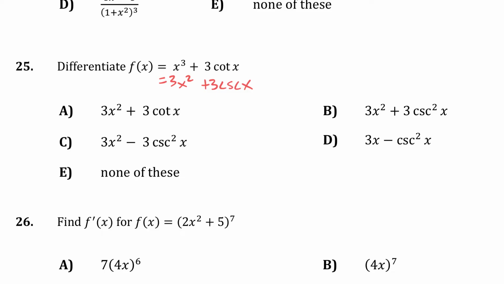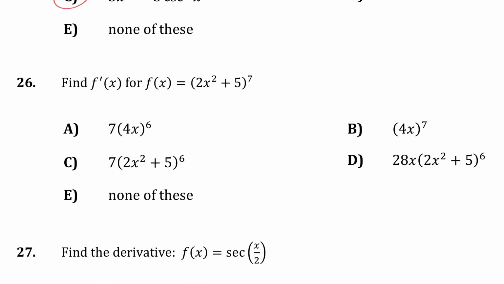Isn't that right? Oh, classic trap I fell into, isn't it? It's not plus. The derivative of cotangent is negative cosecant, right? So that negative cosecant has to be put right there on the front. So it's negative cosecant, and that makes it c, because I almost got b.